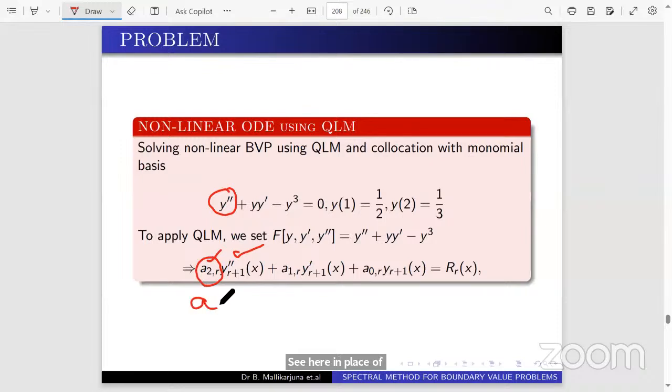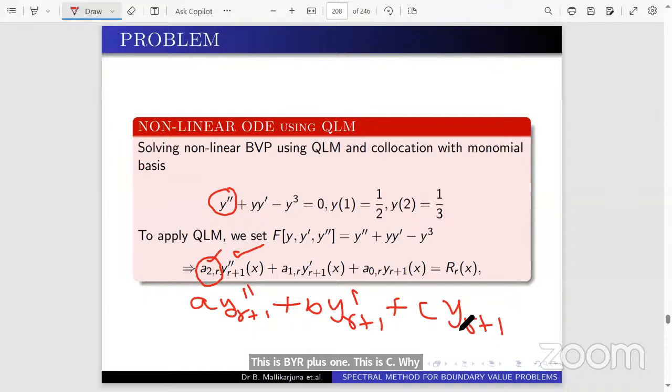If you want, take a, y r plus 1 double prime. This is b, y r plus 1 prime. This is c, y r plus 1. Just for convenience, I took a2r because of the second order, a1r because of the first order, a0r because the order is 0, so the function itself, and r of x. Simply, I am writing this nonlinear equation in linear form.